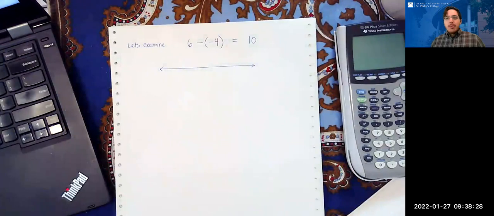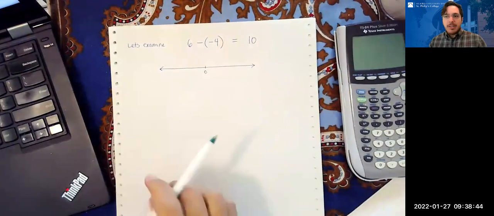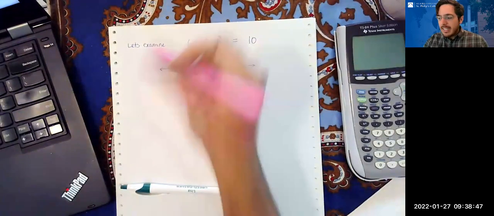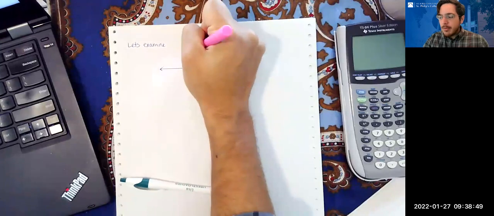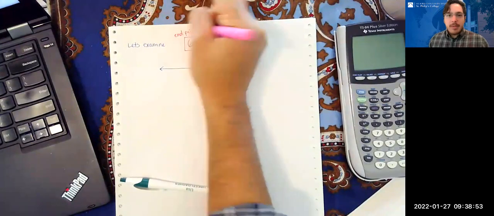Well, I just got finished saying subtraction is finding the distance between two numbers, right? So if we're on the number line, let me put a 0 here in the middle because we have two numbers that we're comparing with subtraction. We're looking at 6, and remember that is my end point.